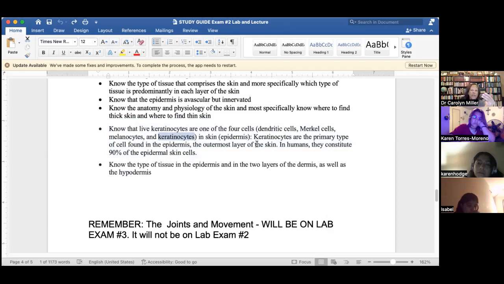So if I'm saying the keratinocytes are the primary type of cell found in the epidermis, are they live keratinocytes throughout all layers of the epidermis? No. No. Which layers are not? The top 2. Thank you. The top 2.